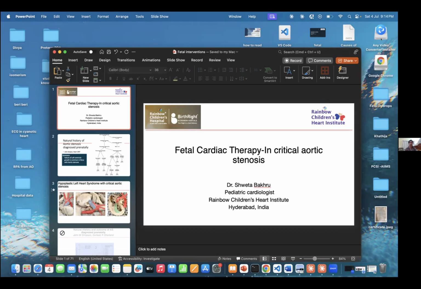If you don't pay attention to how the valve actually looks, and whether the valve opens and closes in systole and diastole in the 2D image before you put your colors, that will lead you towards the wrong diagnosis, because often there could be some confusion on what this possible lesion is. That's one point which I want to stress on among the ones which you quoted.